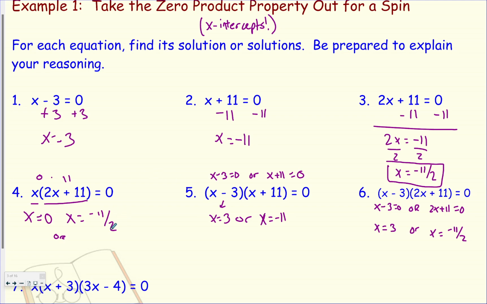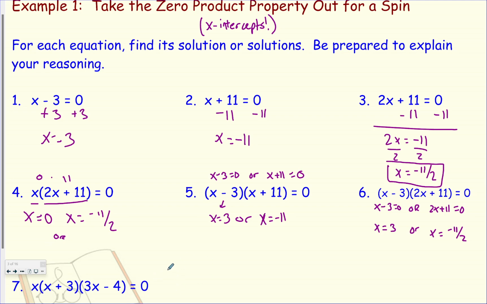So we have one more here. Let me move this up. In this case, we have three separate factors: x, an x plus 3, and a 3x minus 4. Well, this property applies to more than two things at the same time. If the product of three things equals 0, one of them has got to be equal to 0.